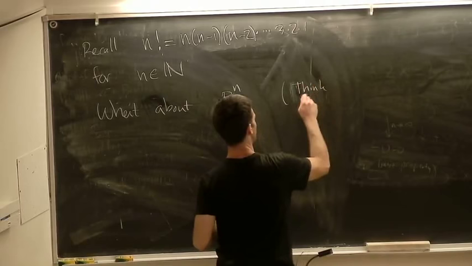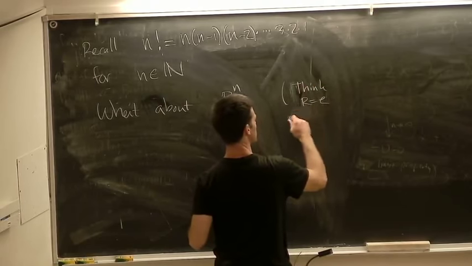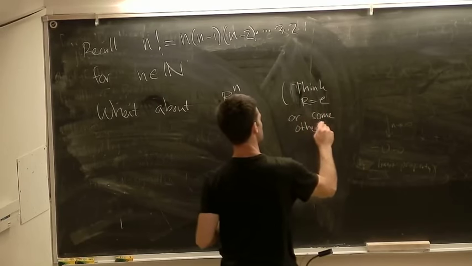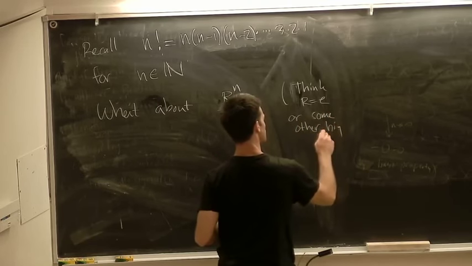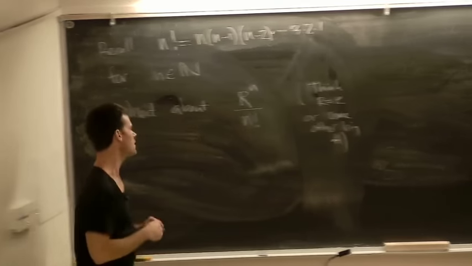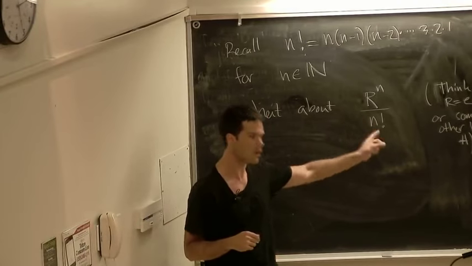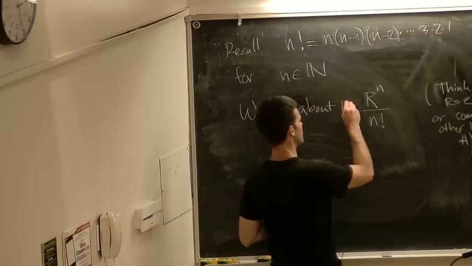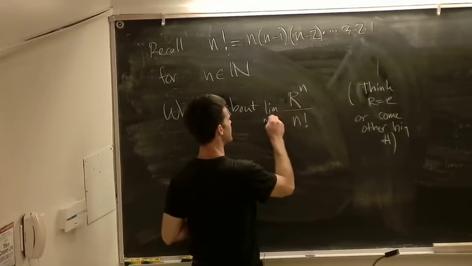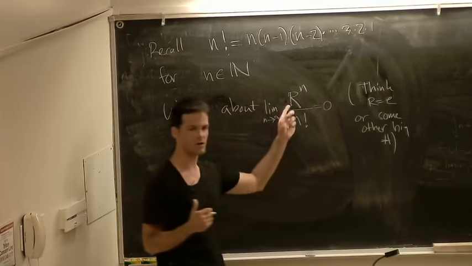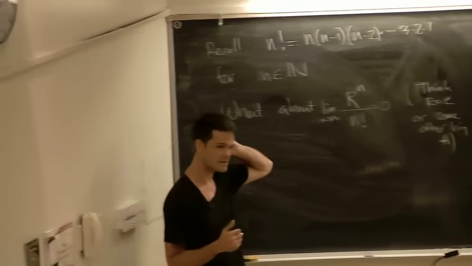So think r equals e or some other big number. It doesn't matter, because the factorial will always win this fight as we take the limit as n goes to infinity. This is always going to be 0, no matter what r is, in fact.